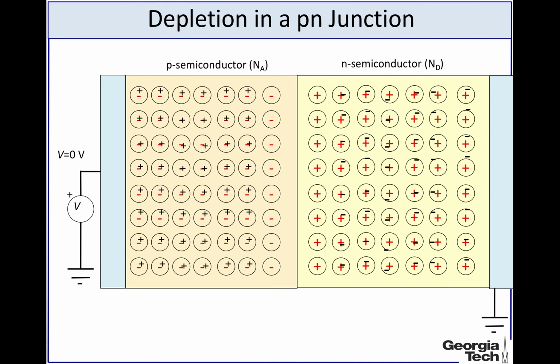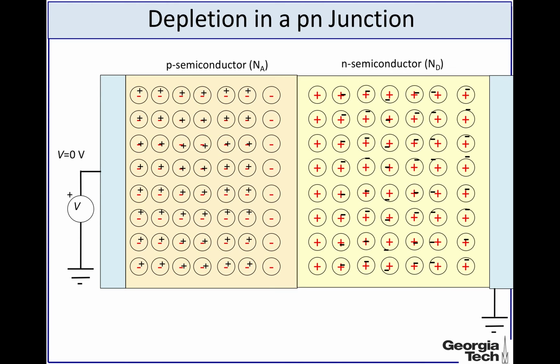In the p side you have a higher concentration of holes, while on the other hand in the n side you have a lower concentration of holes, so the holes will move from the higher concentration to the lower concentration region, and the same for the electrons from the n side to the p side. And as they diffuse, they recombine and cancel each other.